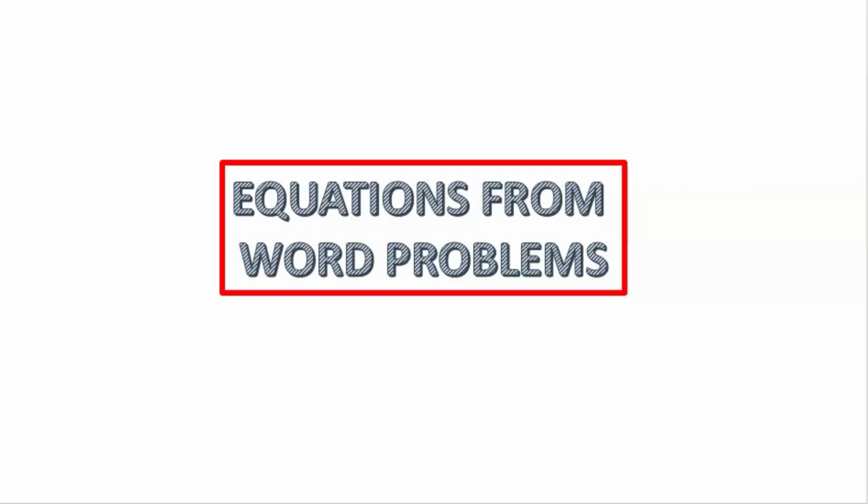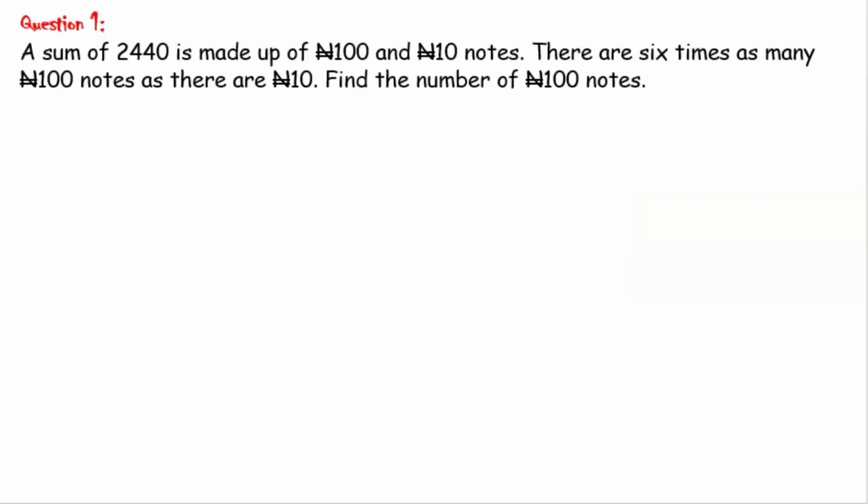Alright, so let's just look at question 1. This question is saying the sum of 2,440 is made up of 100 naira and 10 naira notes. And it went further to say that there are 6 times as many 100 naira notes as there are 10 naira notes.